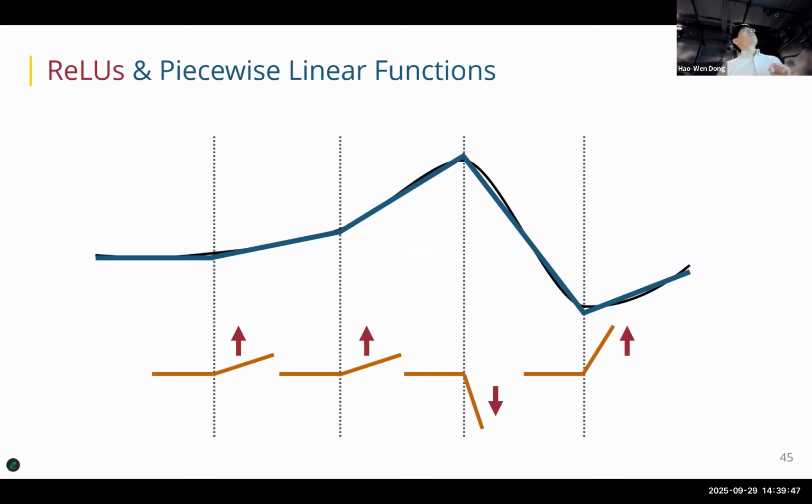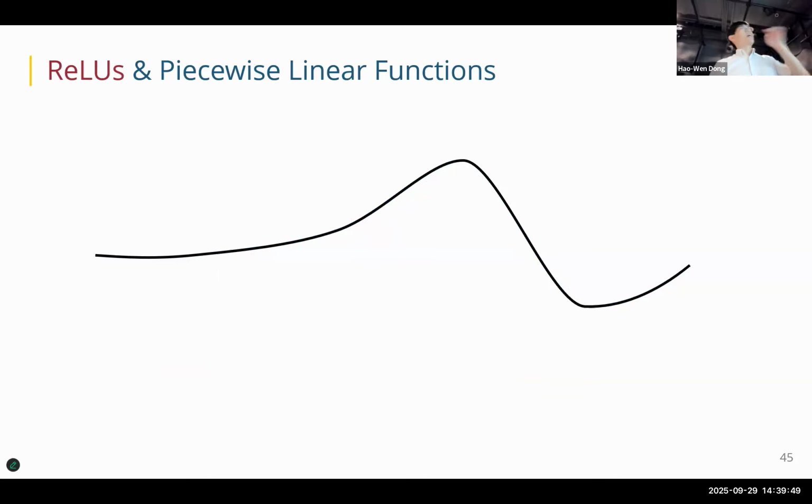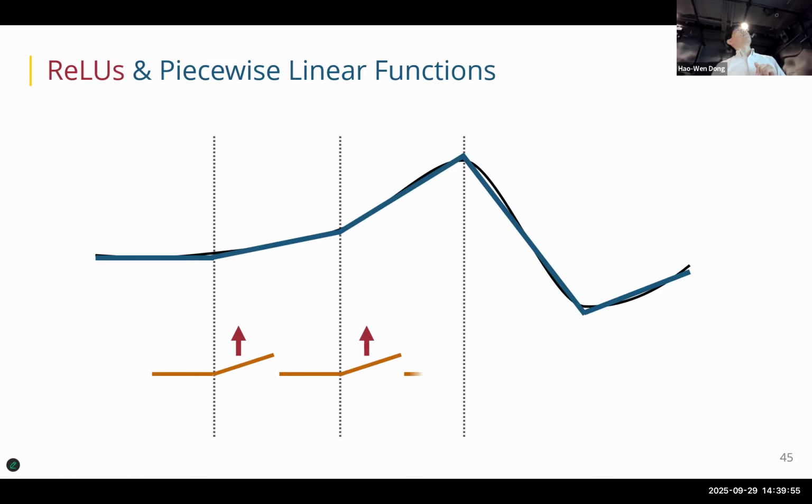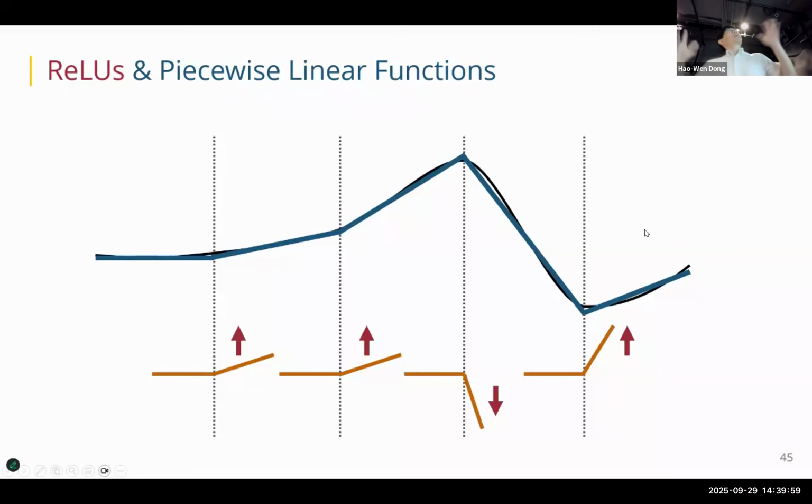So the original is something like this, but you can use four ReLUs so that together they sum up into the blue piecewise function that approximates the curve in the back.